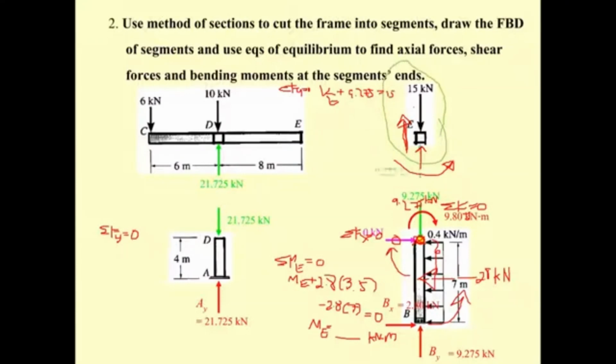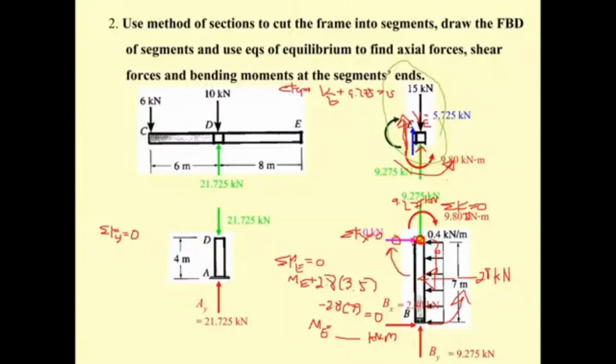Okay, you do the computation. This is 9.275 and this is going to be the blue one. That is going to be 5.725, the 15 minus 9.275. So this is going to be my V sub E.